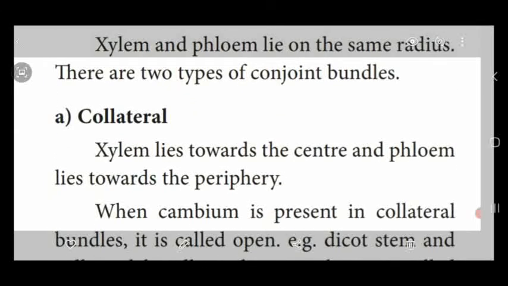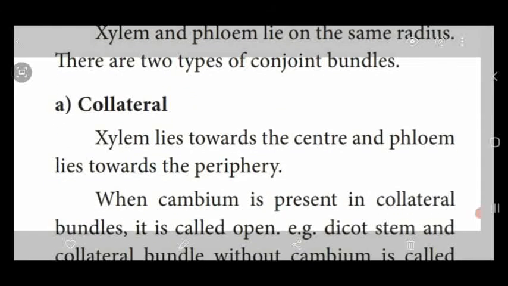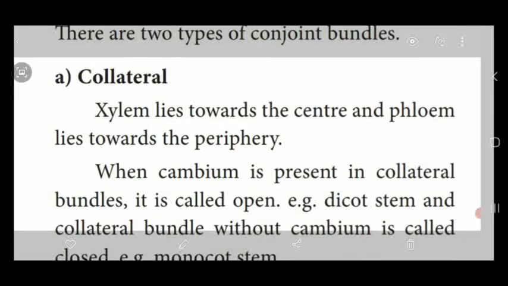One is collateral vascular bundle, another one is the bicollateral vascular bundle. Collateral means xylem and phloem are arranged in the same radii, but phloem which facing the periphery. Periphery means what I told you in the previous video class, margin or outer surface.